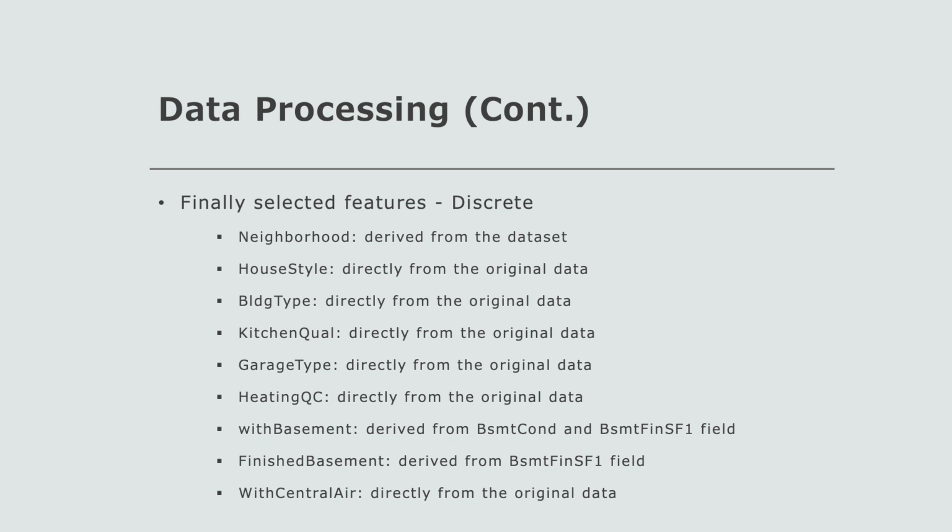First off, we have the house style. It generally talks about how many levels the house has, for example 1, 1.5, 2, or 2.5. And then we have building type. Building type is basically the building style, either a single family, a town, or a twins.